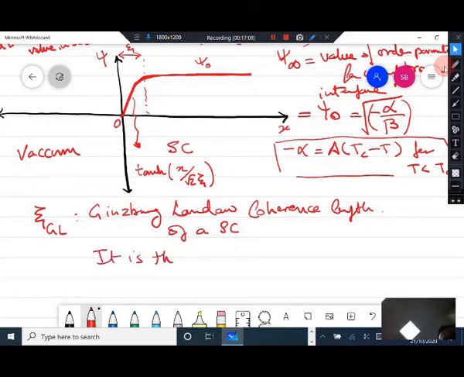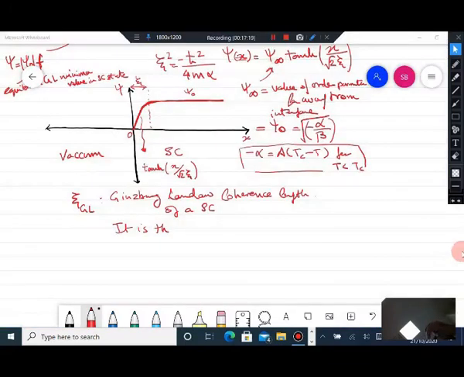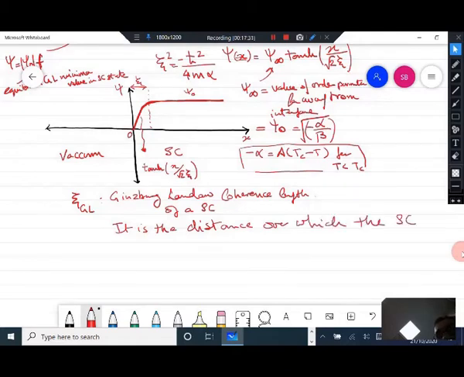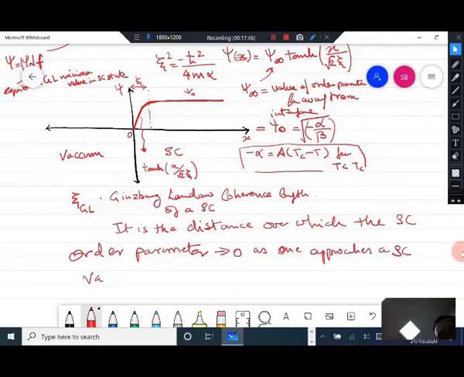It is the distance over which the superconducting order parameter goes to 0 as one approaches a superconductor-vacuum boundary.